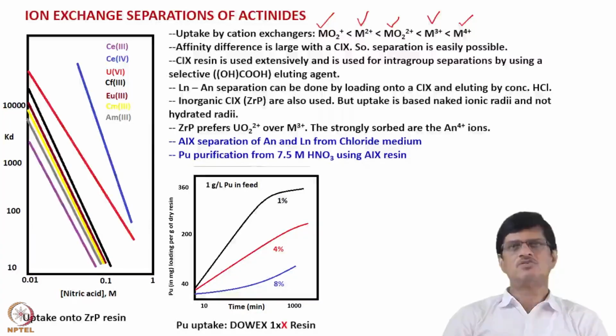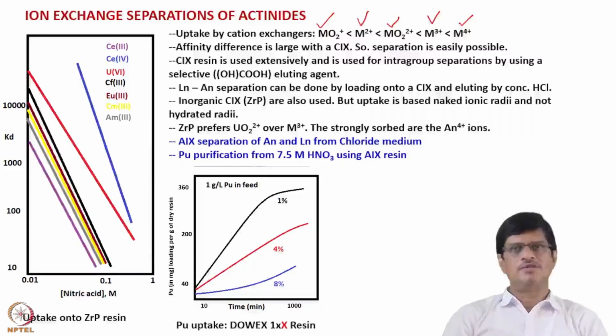This is in addition to what I have already discussed, the intragroup separation, where hydroxy carboxylates like alpha hydroxybutyric acid have been used. We also use inorganic cation exchange reagents like zirconium phosphate, which also take up the metal ions very efficiently.